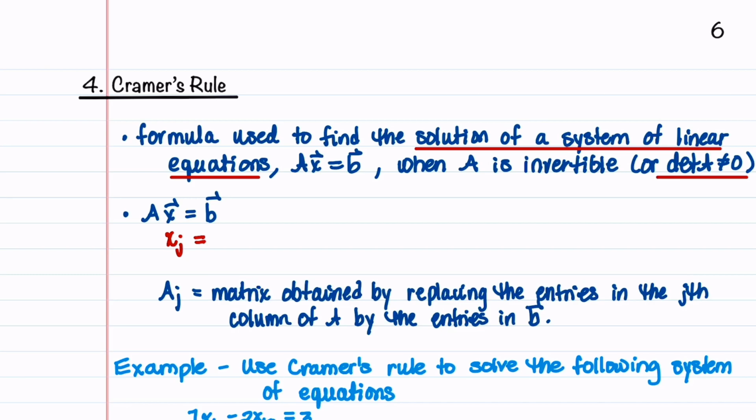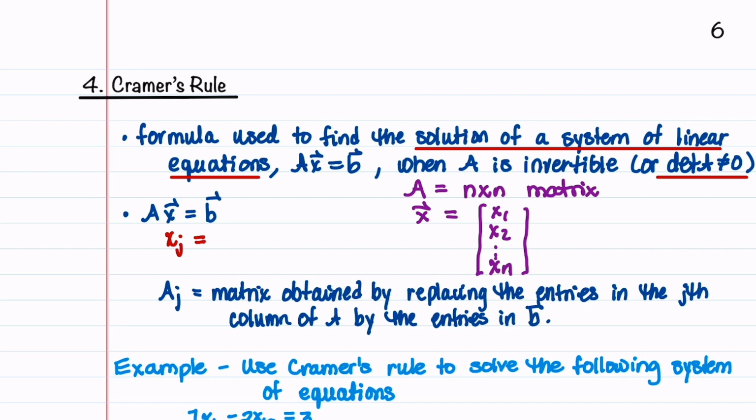Before we begin, let's write down what A and X are equal to. We're going to assume that A is an n by n matrix, and X is a column vector, X1, X2, all the way down through Xn, since A is an n by n matrix.